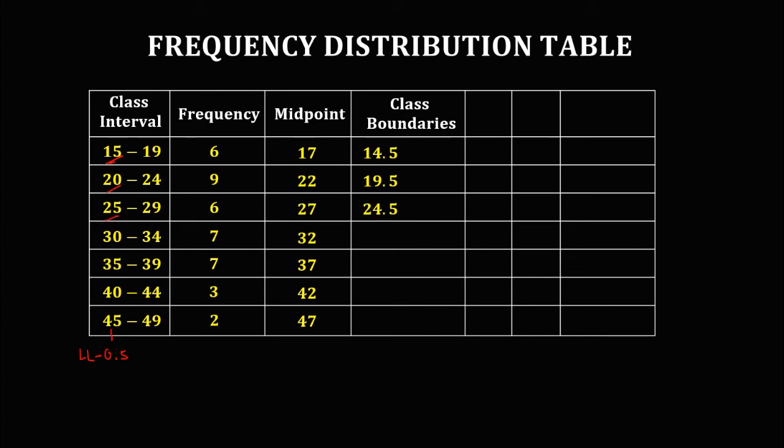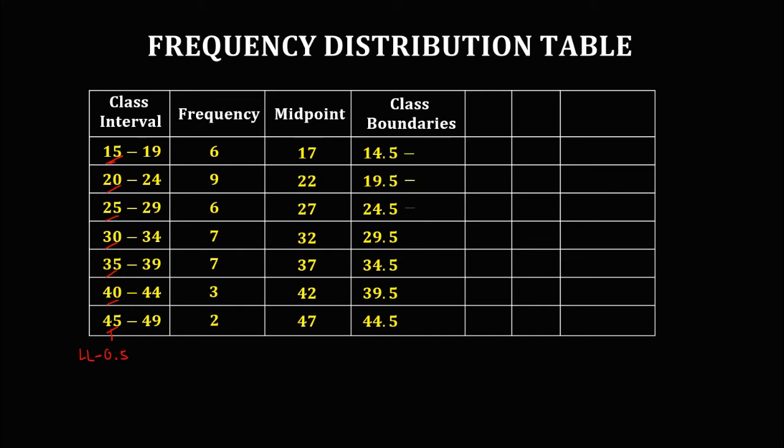So this is the lower class boundary. 30 minus 0.5 is 29.5. 35 minus 0.5 is 34.5. 40 minus 0.5 is 39.5. 45 minus 0.5 is 44.5. So these are the lower class boundaries.